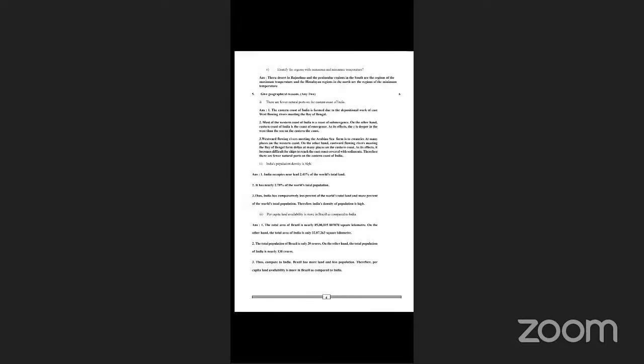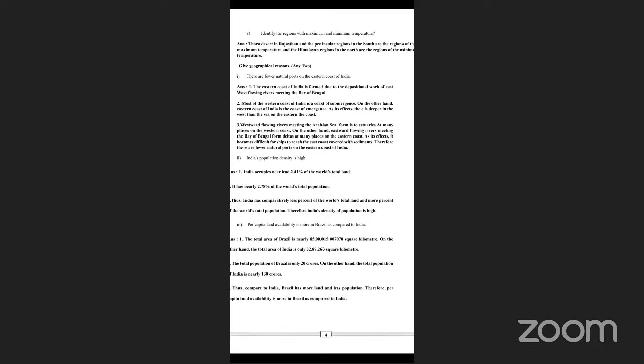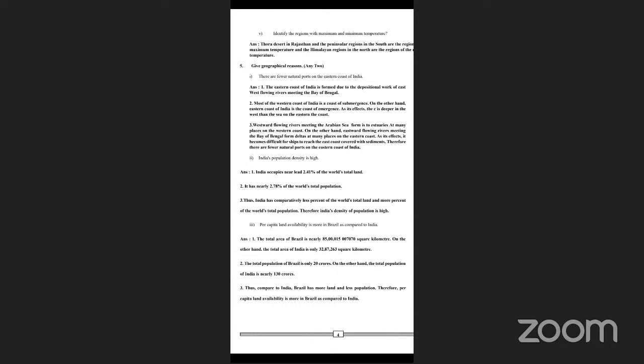Then question number 5. Identify the regions with the maximum and minimum temperature. See, first we discuss maximum temperature in India. Thar Desert in Rajasthan and the southern part of the peninsular region mainly have the maximum temperature, and in India the Himalayan ranges in the north are the regions of minimum temperature.